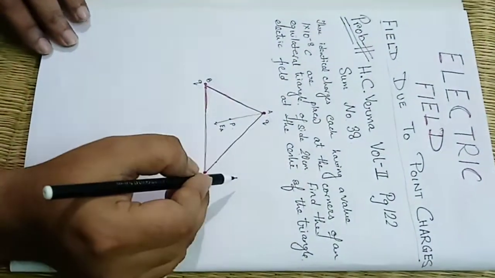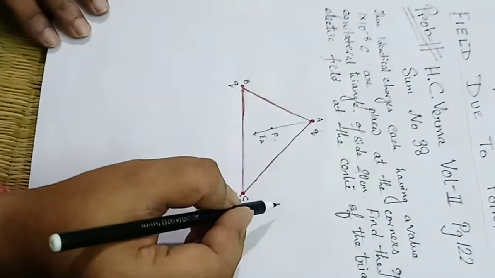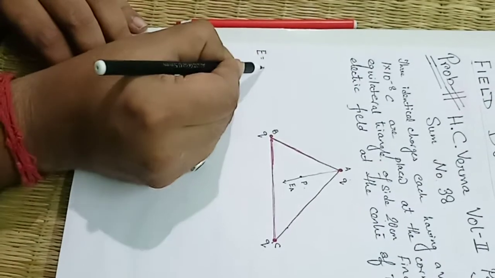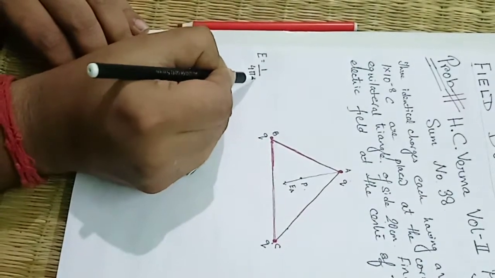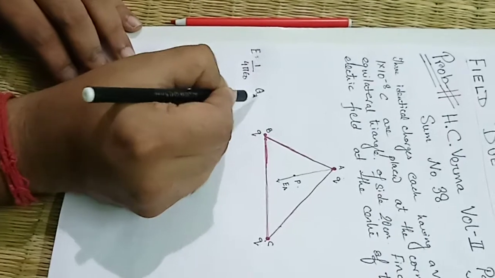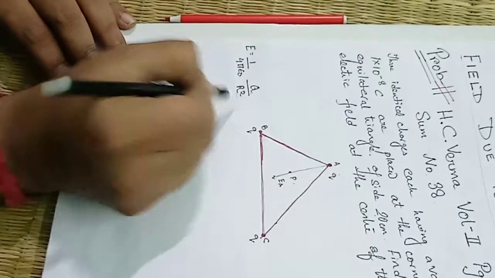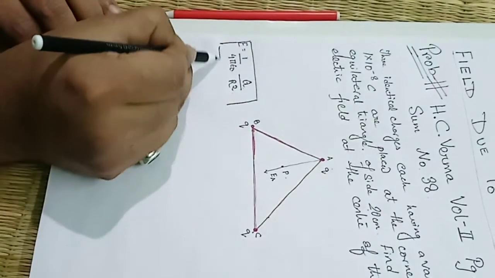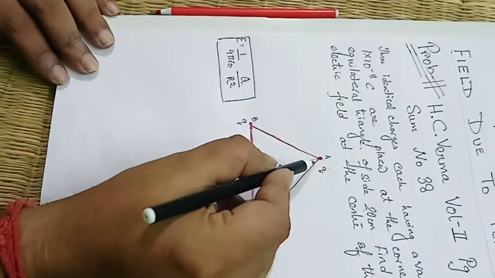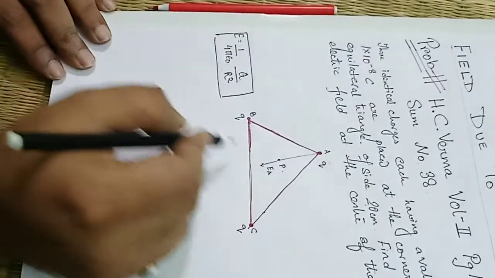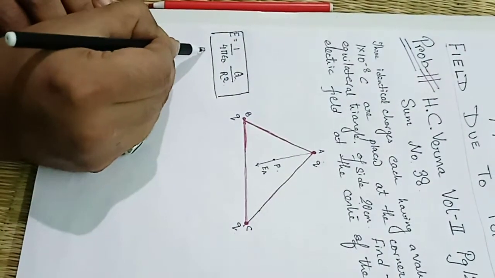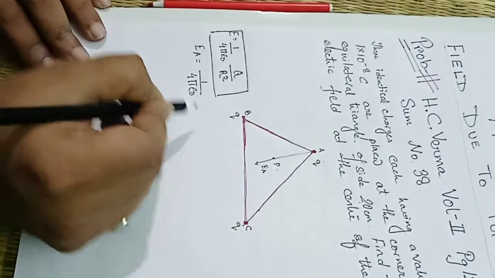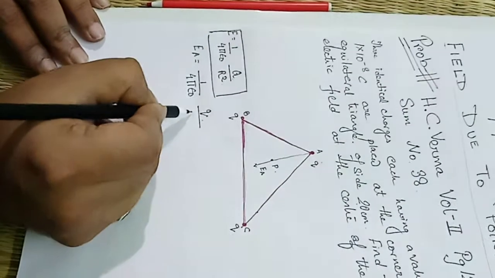We know the field due to a point charge is given by the formula E is equals to 1 by 4 pi epsilon 0 Q by R square. This is the formula that we are going to use in solving this problem. For the charge at A, the field EA will be 1 by 4 pi epsilon 0 Q by AP square.